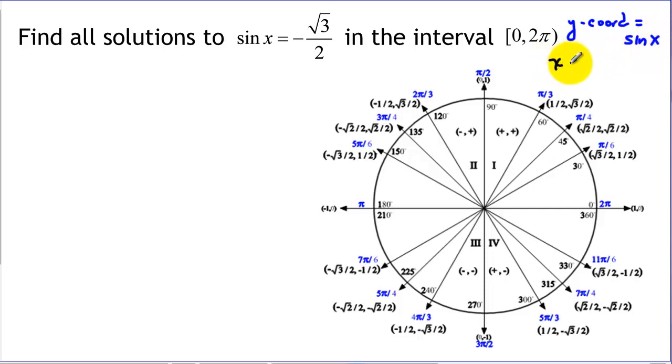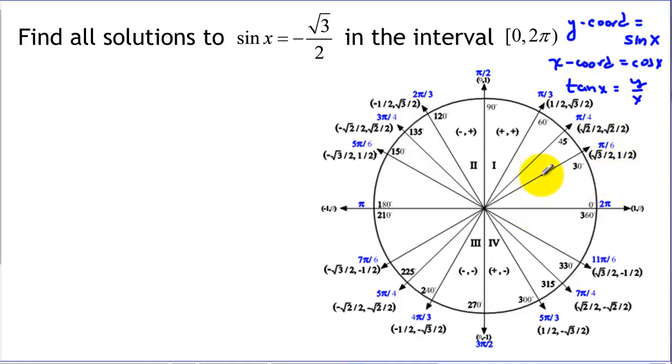The x coordinate is the cosine. And if we need to find the tangent, we have to use y over x. So we would have to divide the y's and the x's for each point to find out what its tangent value is.